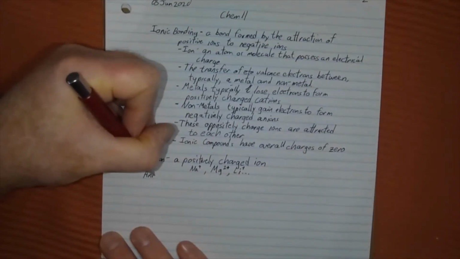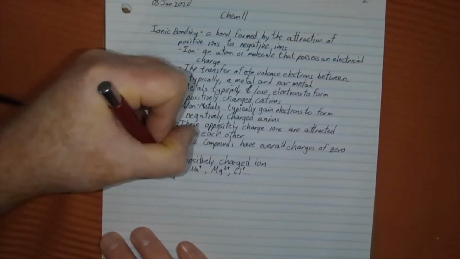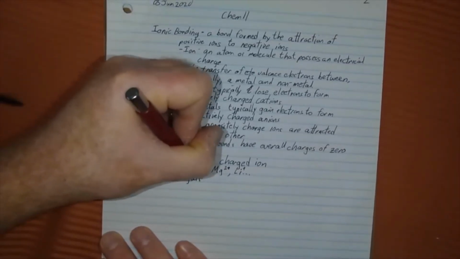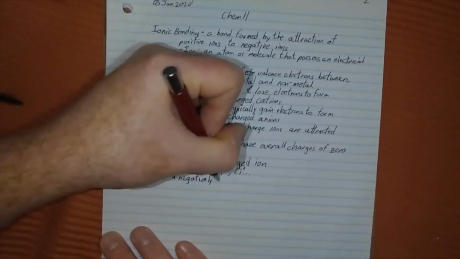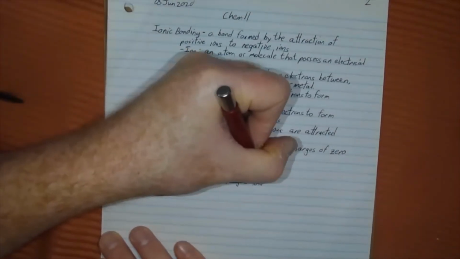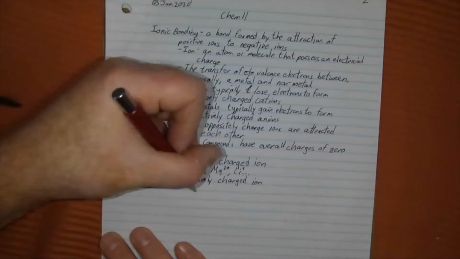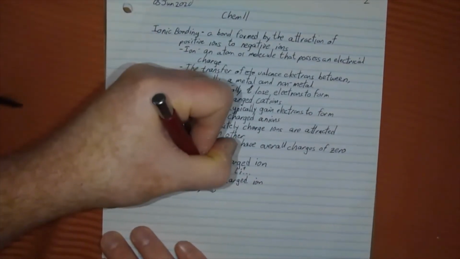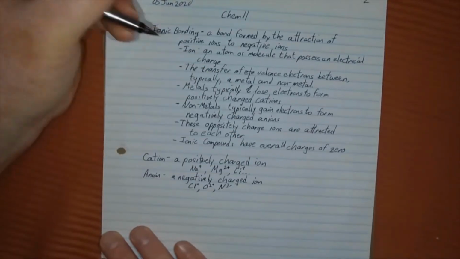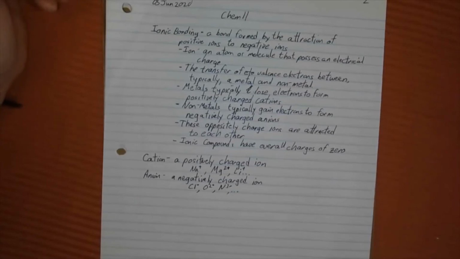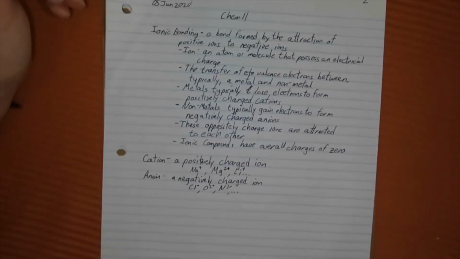Whereas an anion is negatively charged: Cl-, O2-, N3-, and so on.